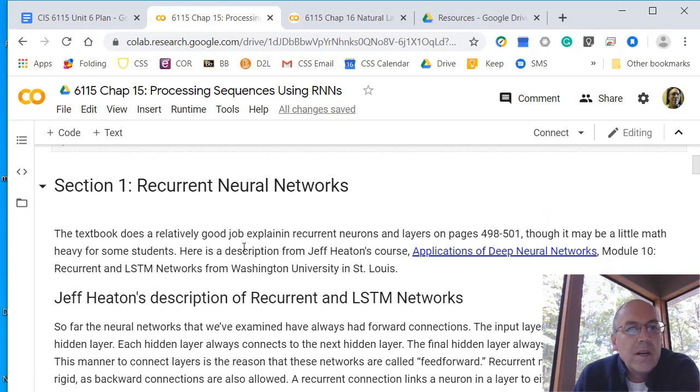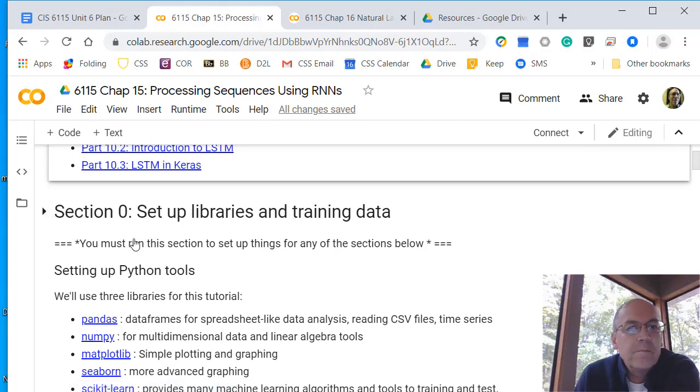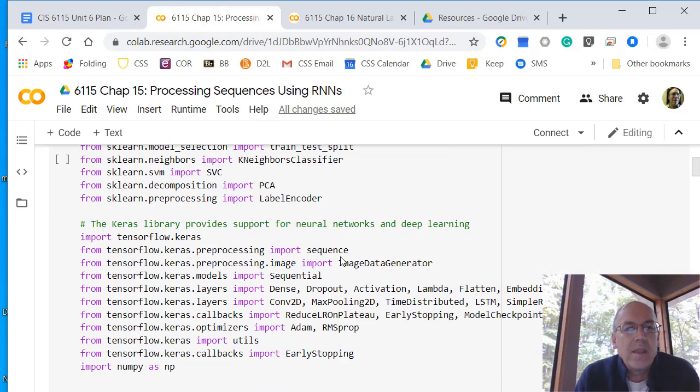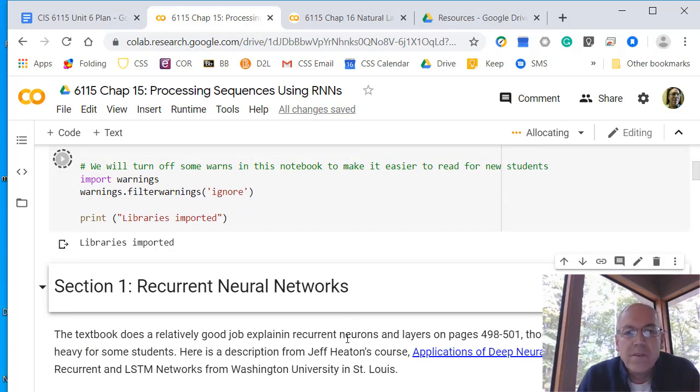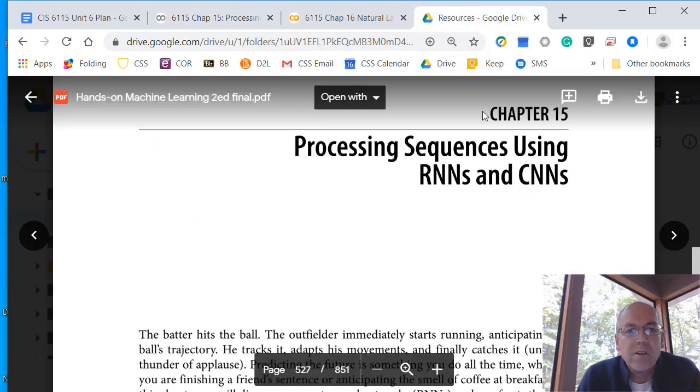So as before, we set up our libraries here, and then we're going to get into processing neural networks. The first two sections aren't from the textbook but are from Jeff Heaton's material, and it's just another explanation of recurrent neural networks.